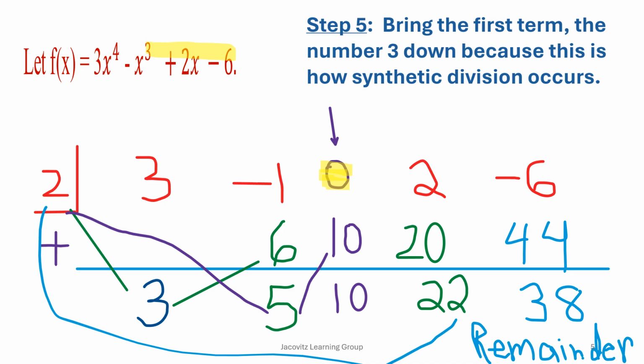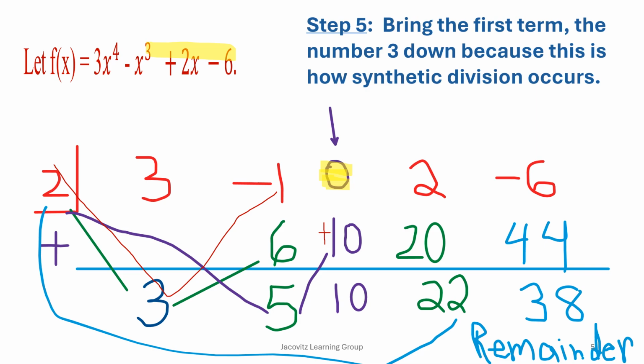You place it here. -1 plus 6 is a positive 5, because this 6 is greater than this 1. Then to go to this side, you go 2 times 5 is 10. This is plus, this is not times. You are multiplying here and adding here, so you're kind of doing like a V shape.